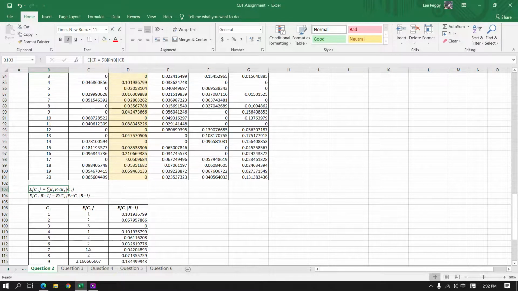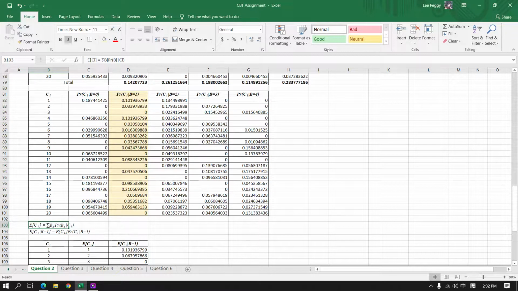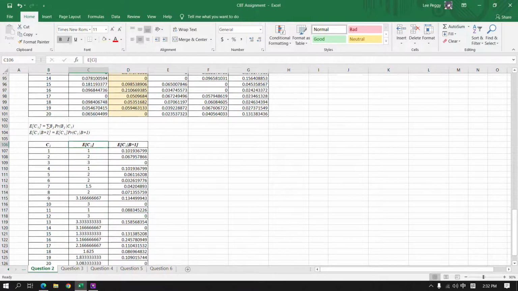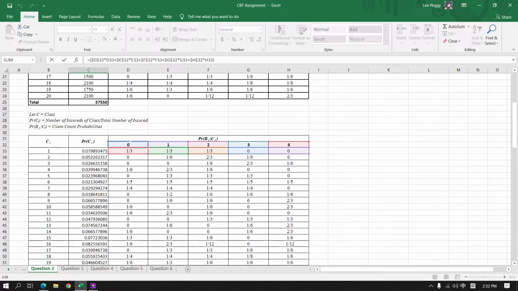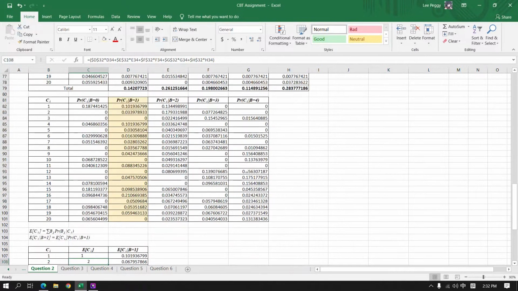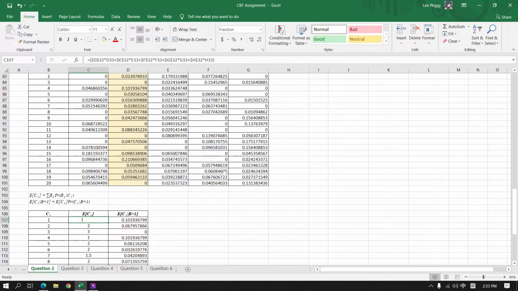To find the expected value of Ci, we need to sum all the values of Bj multiplied by the probability of Bj given Ci. So we multiply 0 with the probability of Bj given Ci for 0, and this times this, do it all respectively, and then we sum them all up, so we'll get 1.